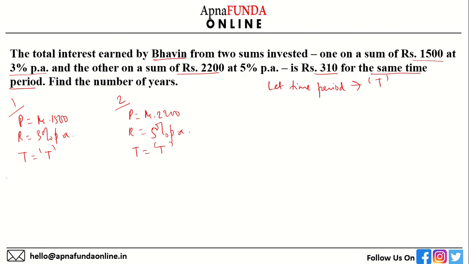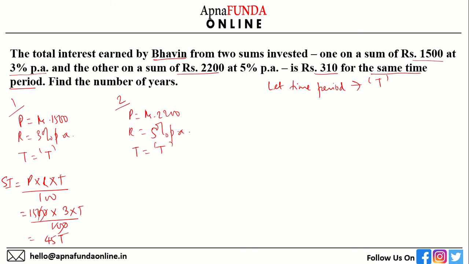Simple interest, as we know, is principal into rate into time divided by 100. So principal is 1500 into rate is 3% into t divided by 100. Correct? So this becomes 45t. So simple interest on the first sum is 45t.